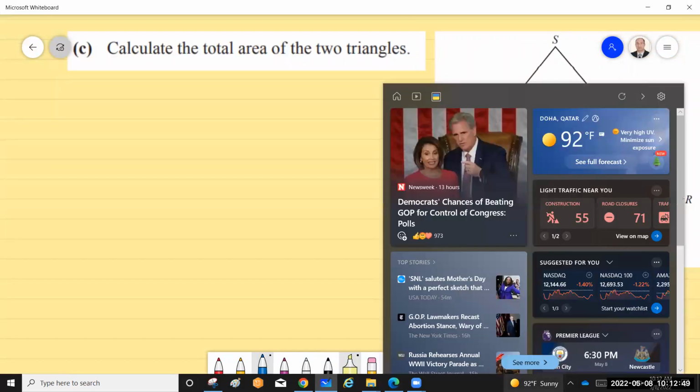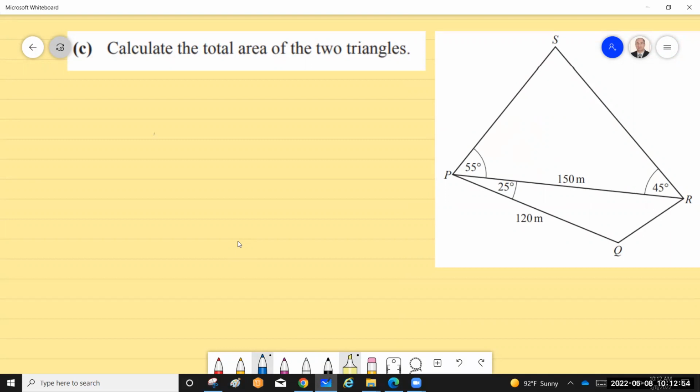By applying the rule for the area, half ab sine C. You already have this side, RS, which is 124.8. So for triangle number 1, the area is half into 124.8 times 150 times sine 45, plus the area of the other triangle, triangle number 2 here.